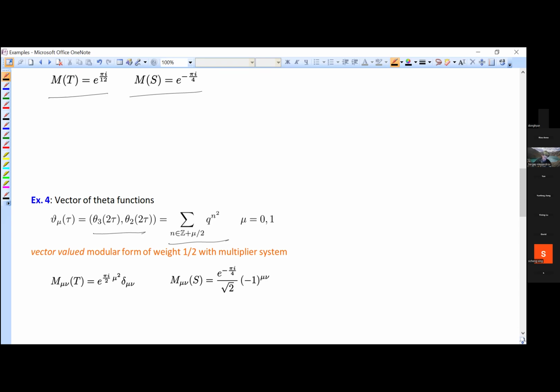And then one can show that this is indeed a modular form of weight 1/2, which is vector valued, and the multiplier system, which is again defined by just two transformations, T and S, has the following form. Okay, and that's it.